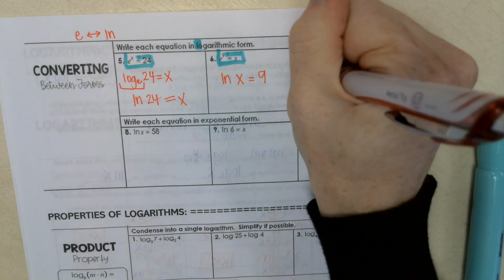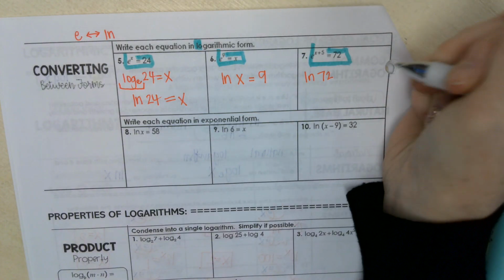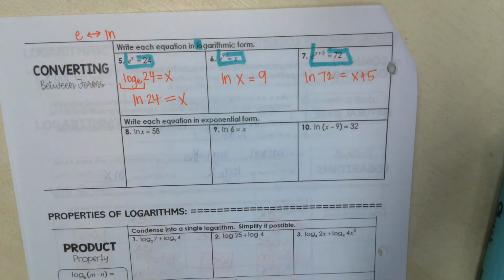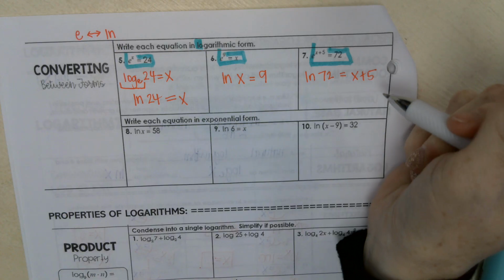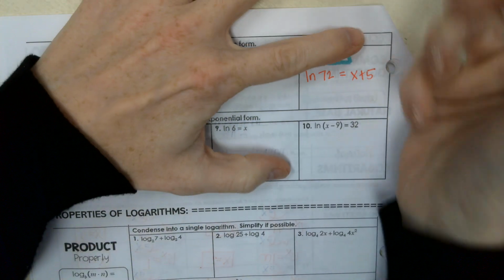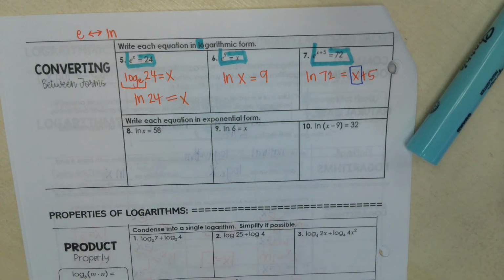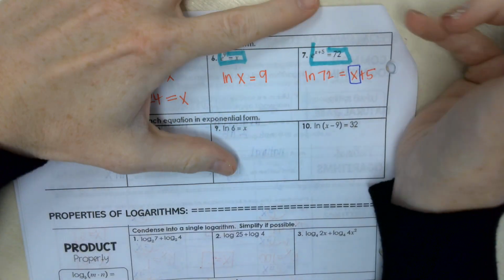Okay, here we go. Right here, the natural log of 72 is equal to x plus 5. Now, very quickly, if I were asking you to solve for x, if I wanted x all by itself, what would I need to do to move that plus 5 away?